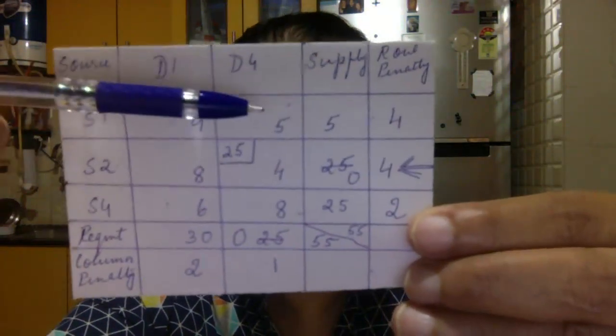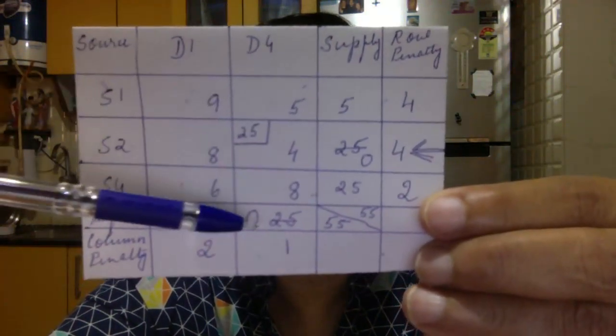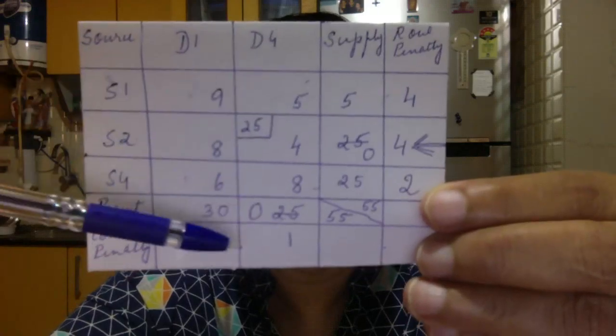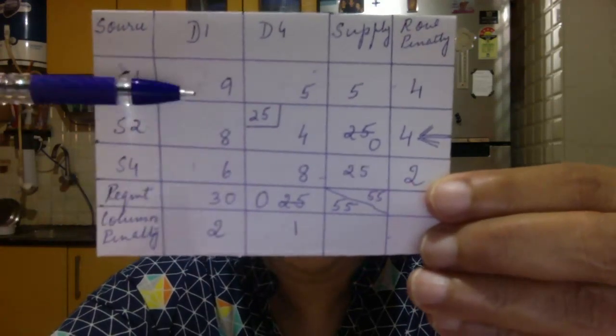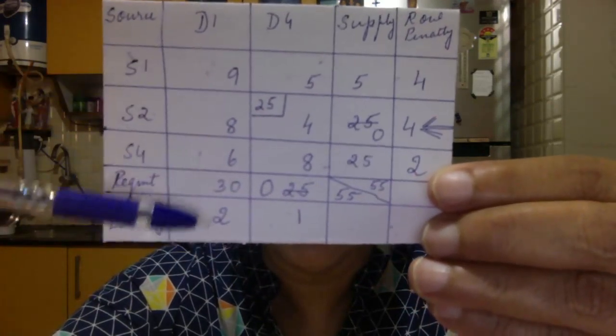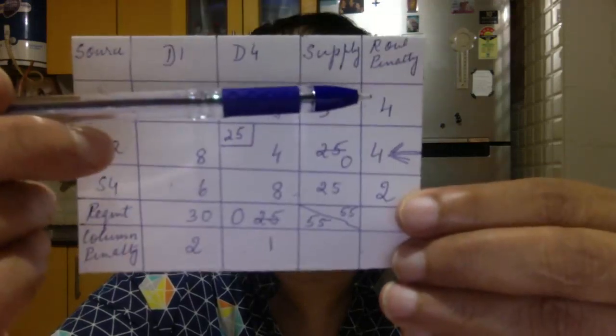If we try to allocate here, we cannot because D4 is 0. Going by this 4 doesn't hold anymore because we cannot calculate the penalty anymore; the whole column has gone. So it is better to go by allocating to the least cost.